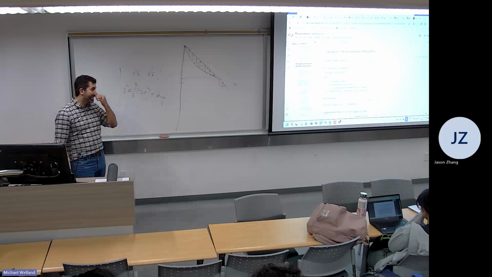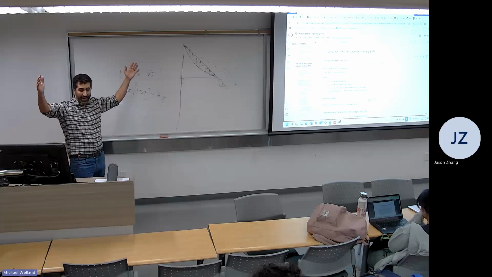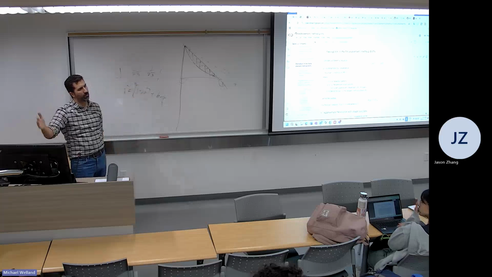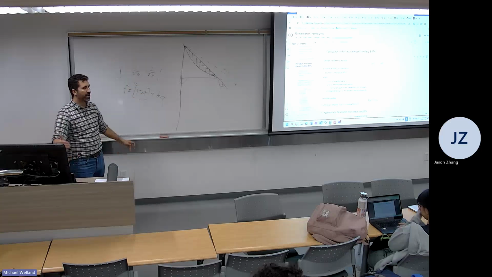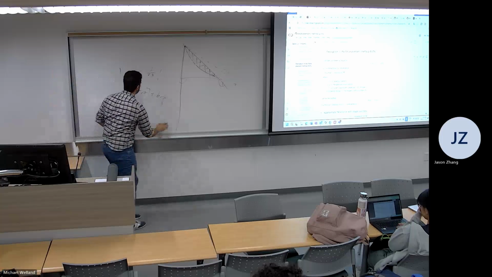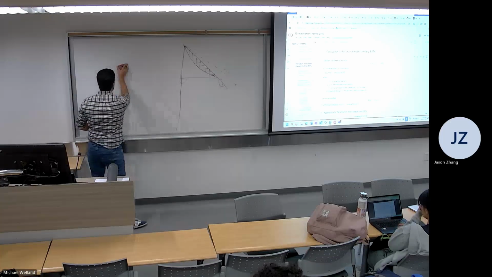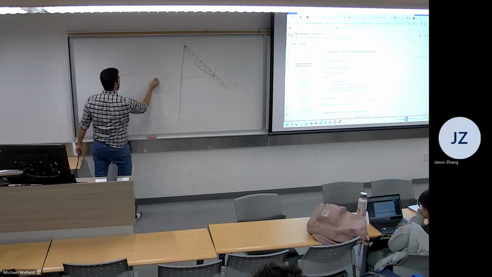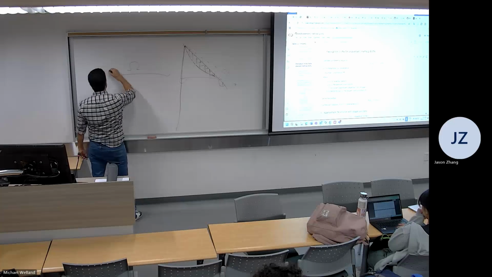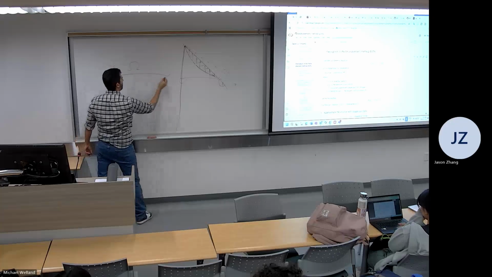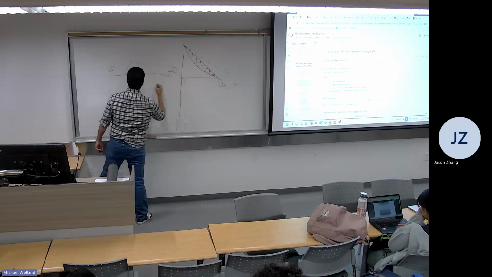So for 1D, omega is the interval, and the boundary is this partial omega. That's the notation that COMSOL follows. So that's one I learned. The boundary there are the points. So if that's omega, those are the boundaries, right?